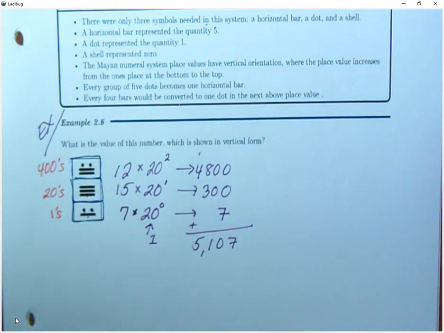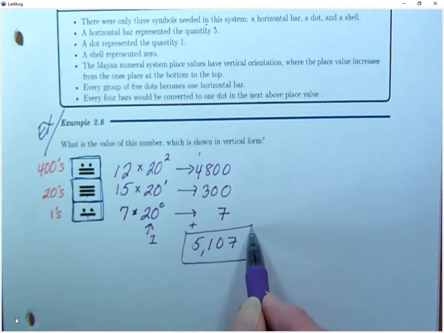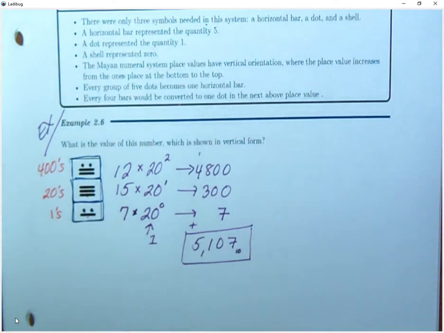So our answer for this problem is 5,107. Sometimes we put a little subscript down the bottom to show what base we're in. So that's in base 10 that we've converted to.